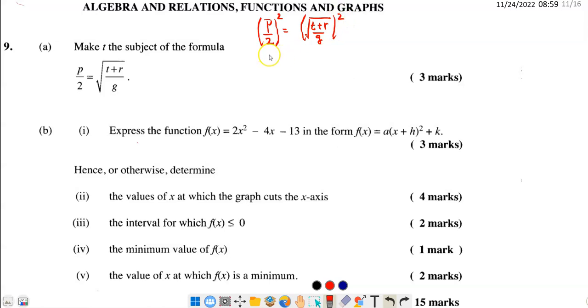So what we get is P squared over 4, and on the right hand side I just get T plus R over G. We multiply both sides by G, so we get G P squared over 4 equals T plus R.